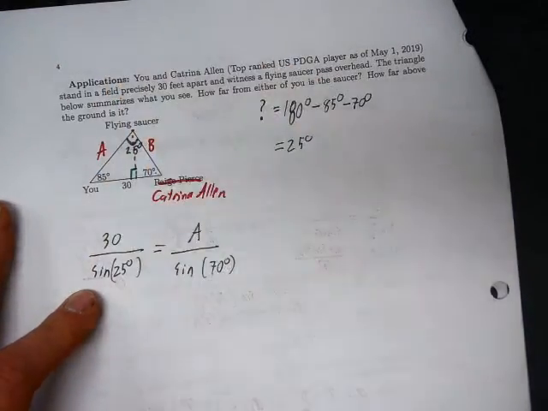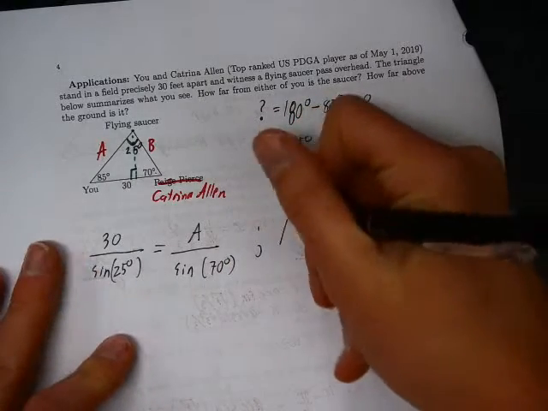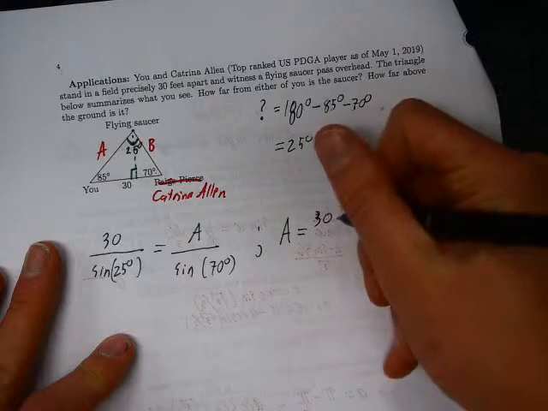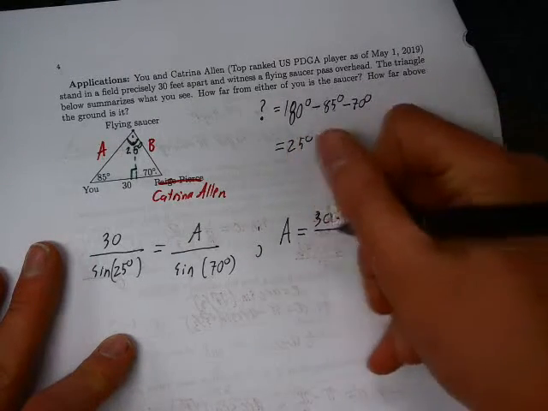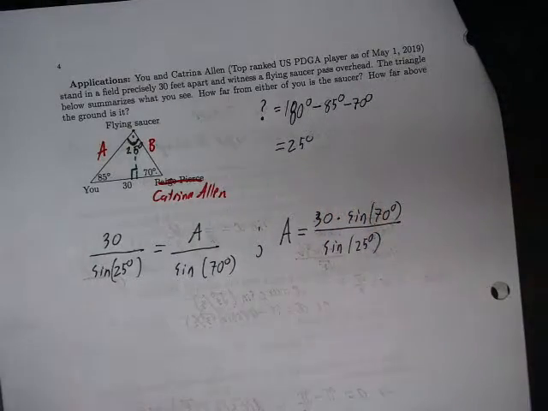Because A is opposite the side length 70. Is that not enough to solve for A? Of course it is. And let's do both. Let's get an exact value for A and get an approximation. A is exactly equal to 30 times the sine of 70 degrees divided by the sine of 25 degrees.